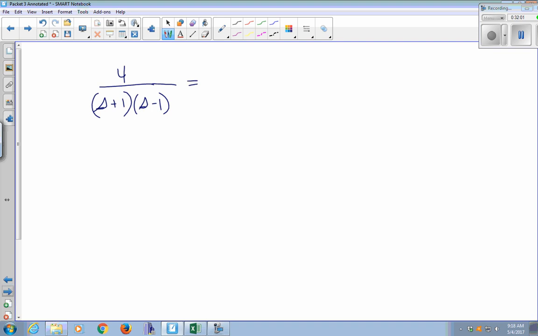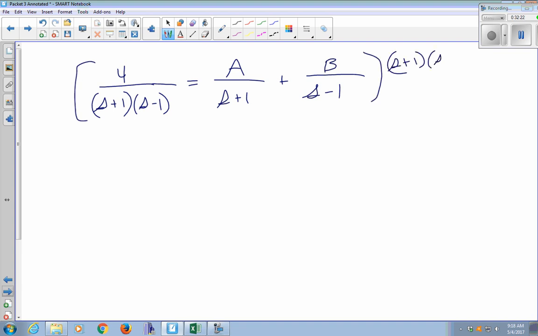All right, so I'm going to break this up using partial fractions, a over s plus 1 plus b over s minus 1. Multiply both sides by your common denominator, (s plus 1)(s minus 1). And over here, everything cancels and you just get a 4.